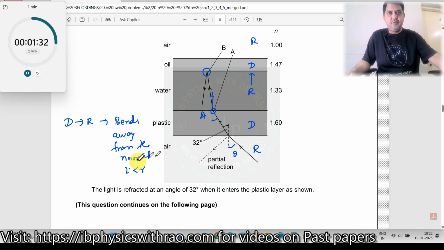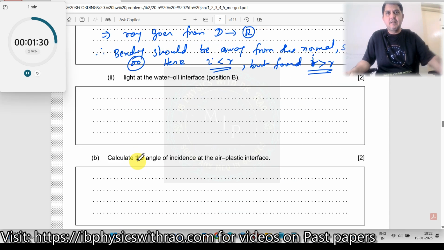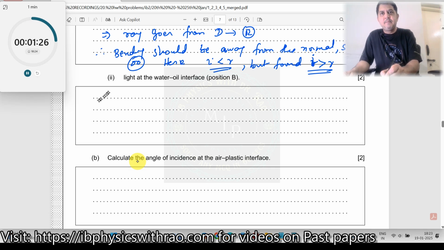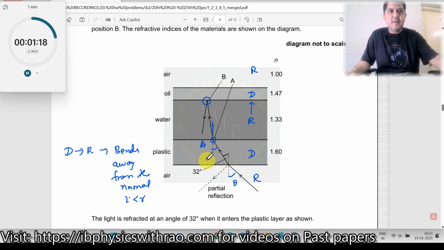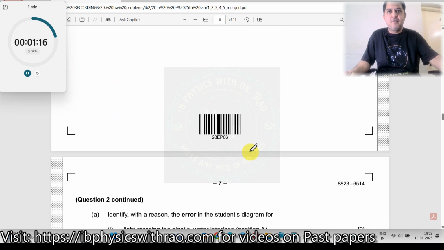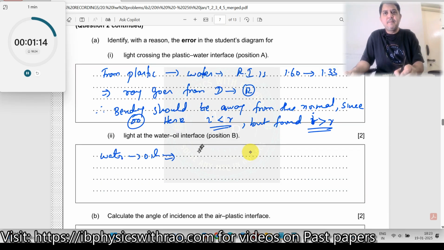So you can mention that the water to oil interface, with refractive index 1.33 to 1.47, is from a rarer to a denser medium.